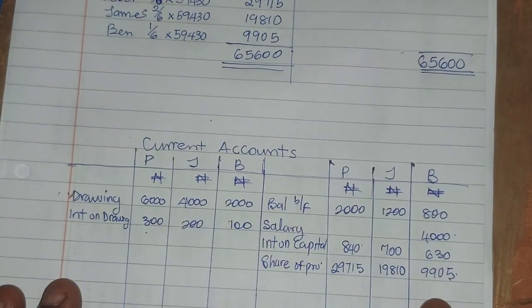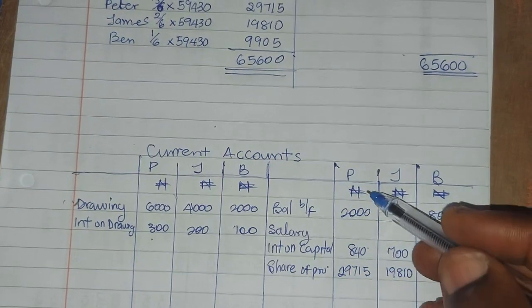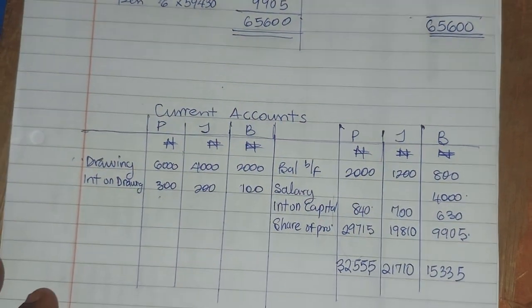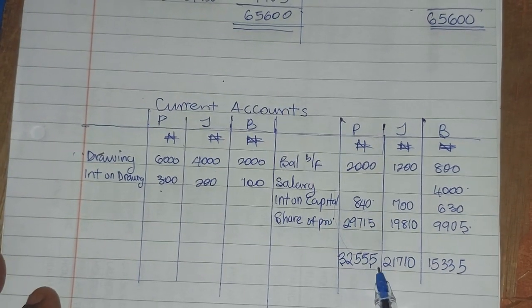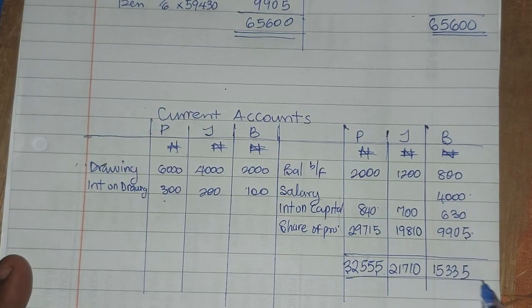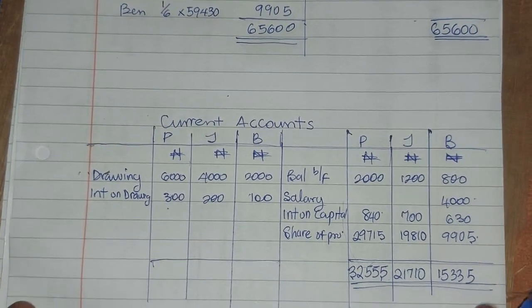Then we need to balance this account. So how do you balance this account? You add this side. So let's add. So you have 32,555. Okay, then rule. On that same line, you rule.